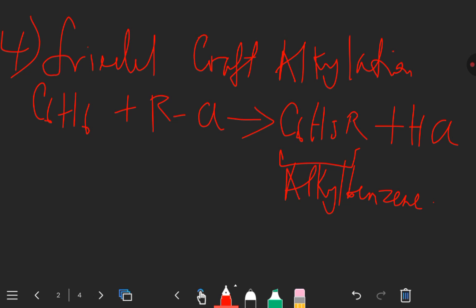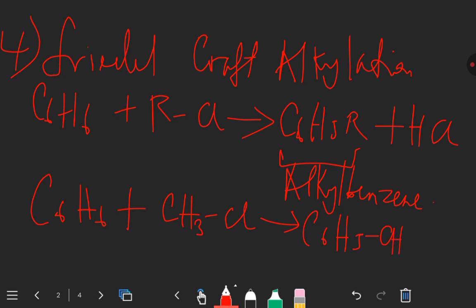Let's say, for instance, we had to react this benzene with a certain alkyl group, let's say a methyl chloride. What is going to be formed here? We are going to have a benzene ring bonded to that alkyl group, which is a methyl. Then we're able to form hydrochloric acid as a byproduct.